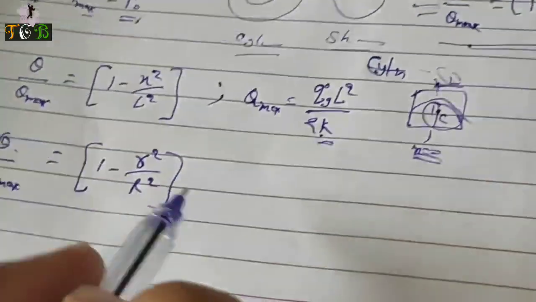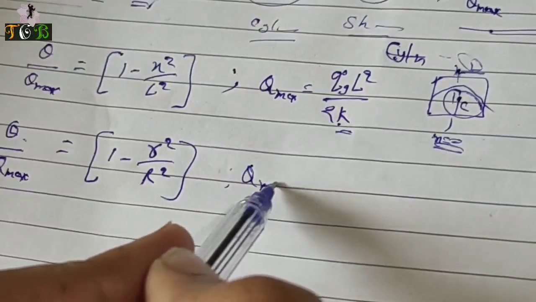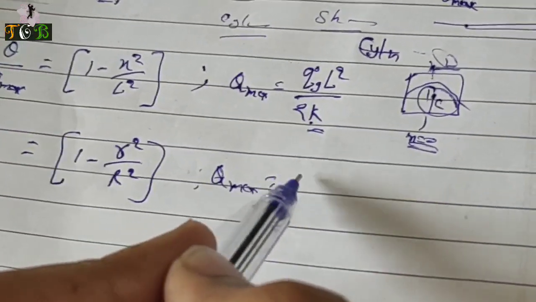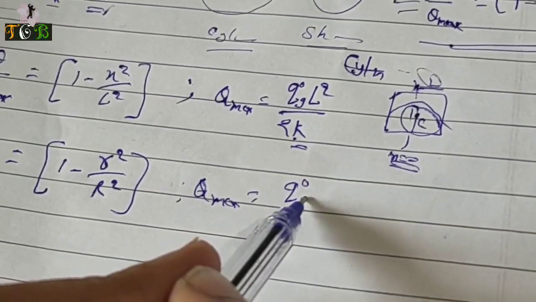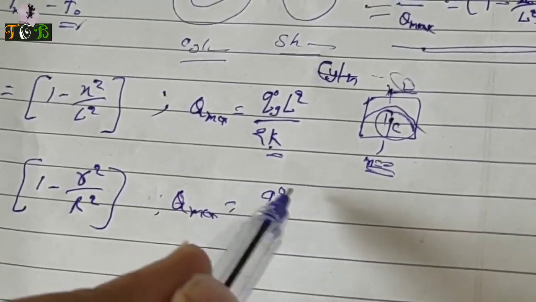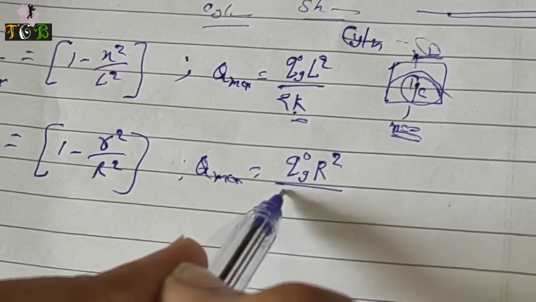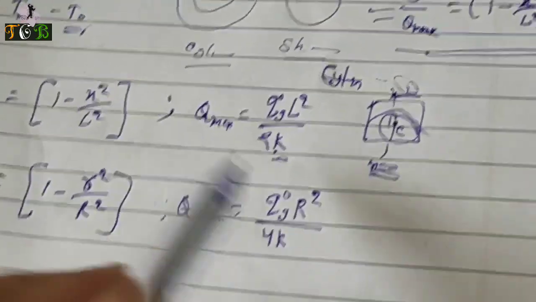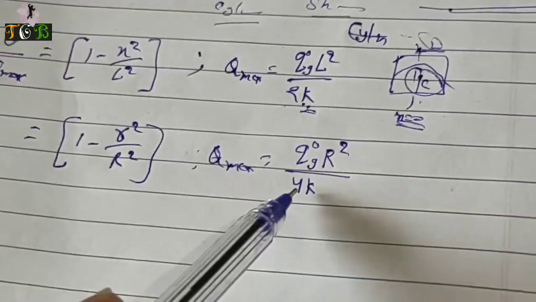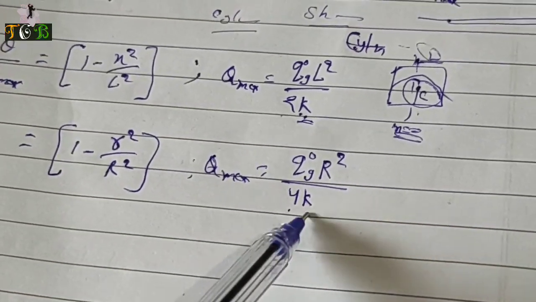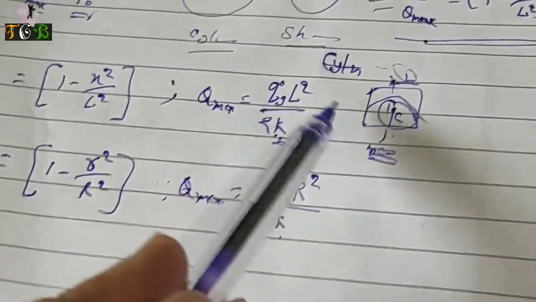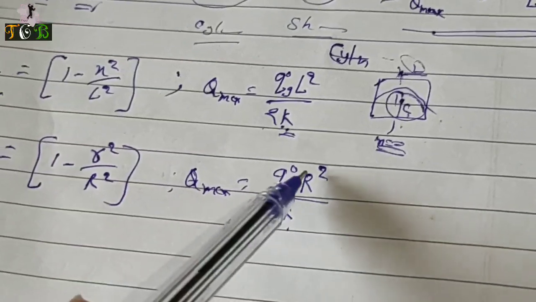But here also, what is the value of theta max? The theta max value is going to be Qg, the value of heat generation, times capital R square divided by, remember, 4K. For a slab it was 2K, for a cylinder it's going to be 4K, and here instead of capital L it is the radius.